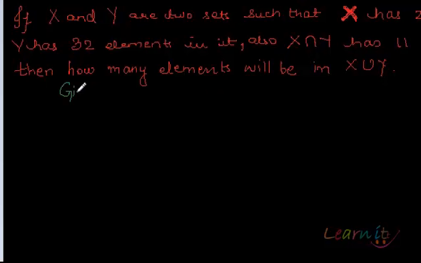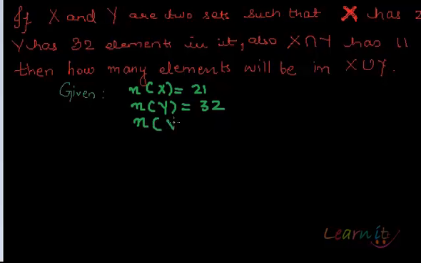So what is given to us? We're given that n(X) equals 21, n(Y) equals 32, n(X intersection Y) equals 11.